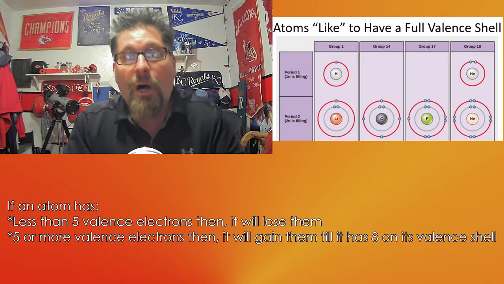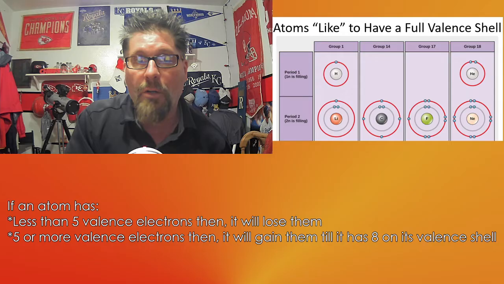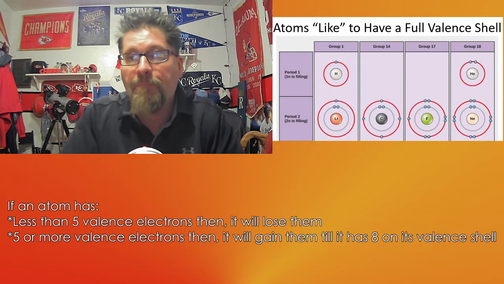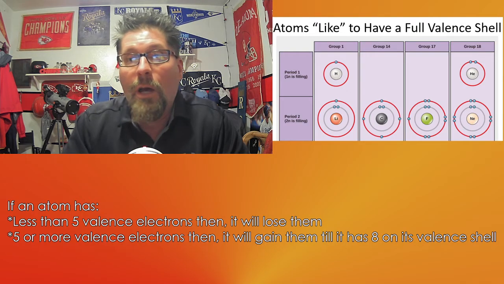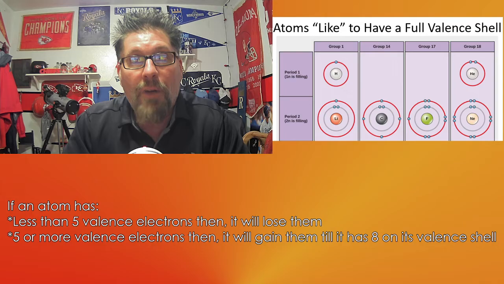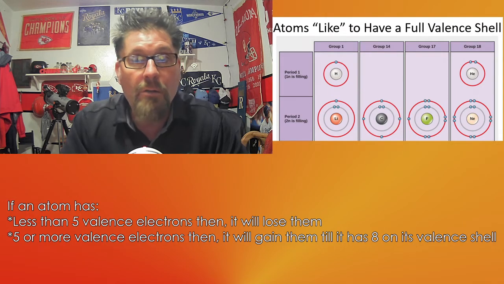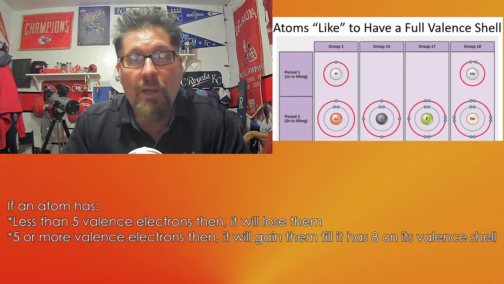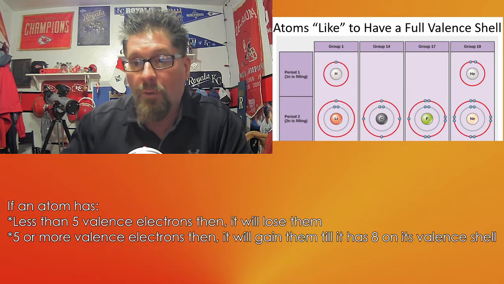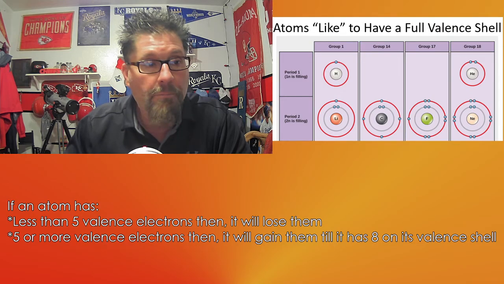So it will be looking to bond with somebody who has 1 electron to give up. The last one, neon, has 8 valence electrons on its valence shell, so it has a full shell. It will not bond. It's part of those noble gases that do not bond with things because they have a full outer shell.